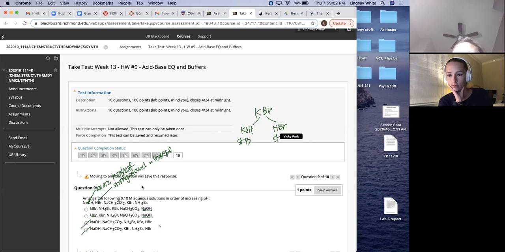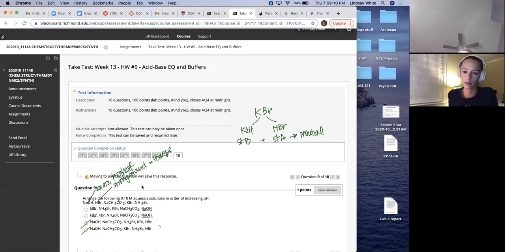So if it's a strong base and a strong acid, and if they get together, it becomes neutral. Mhm. Okay, so that just turns 0. Not 0, that turns into 7, right? Yeah. So that should be in the middle, right? Okay. And then we have NaCH3CO2. This is acetate.